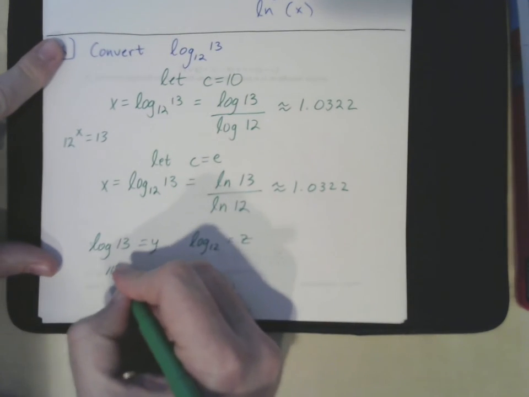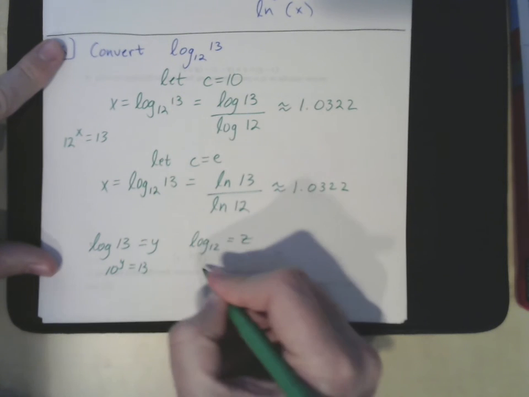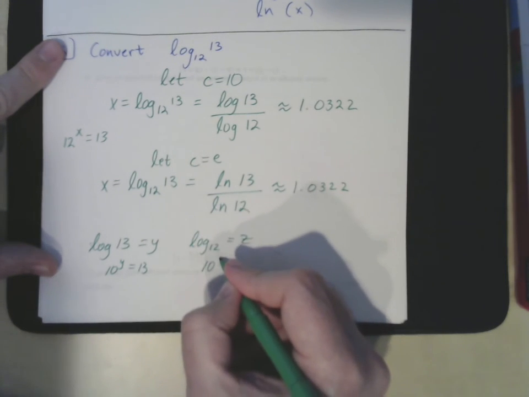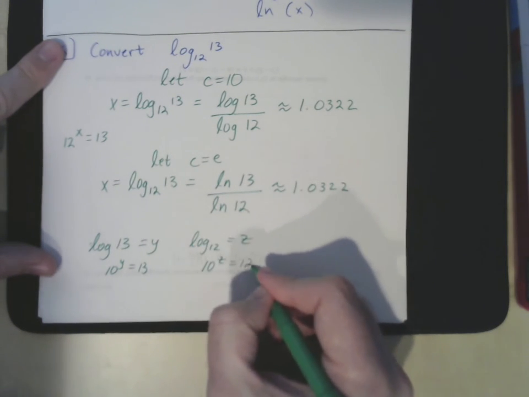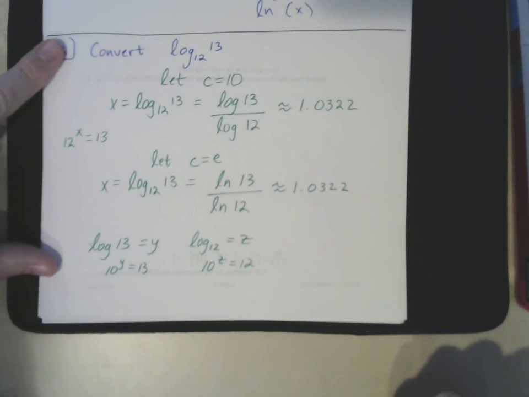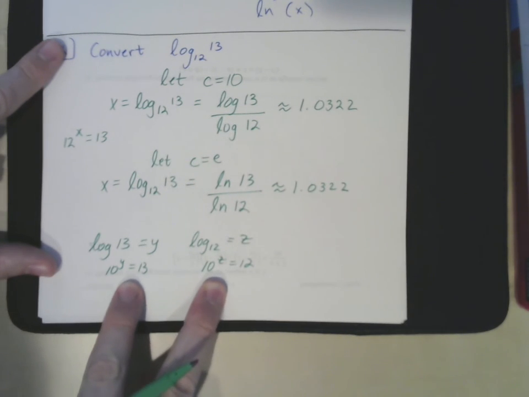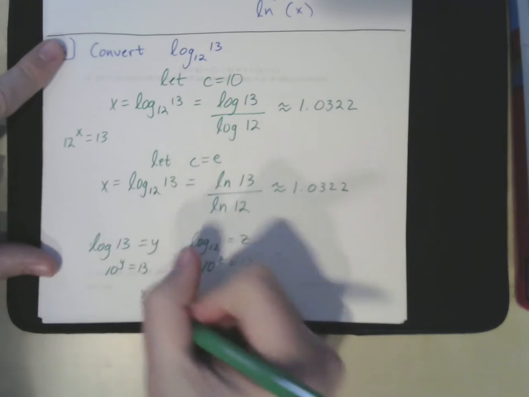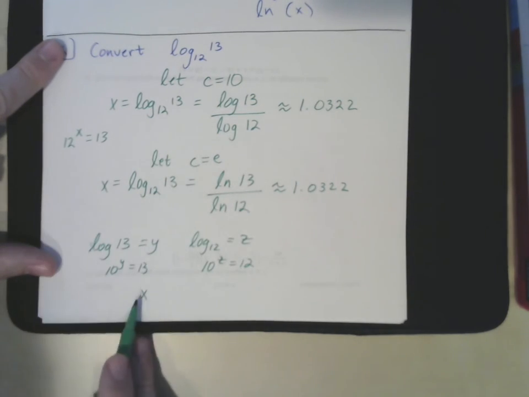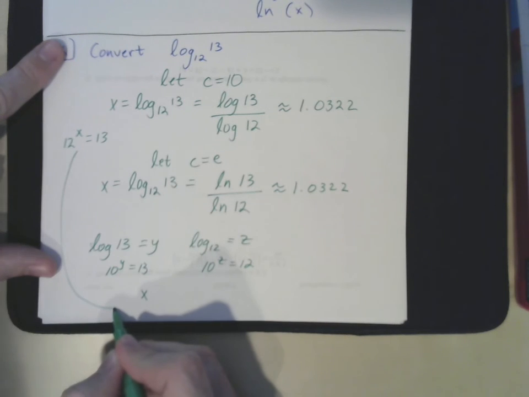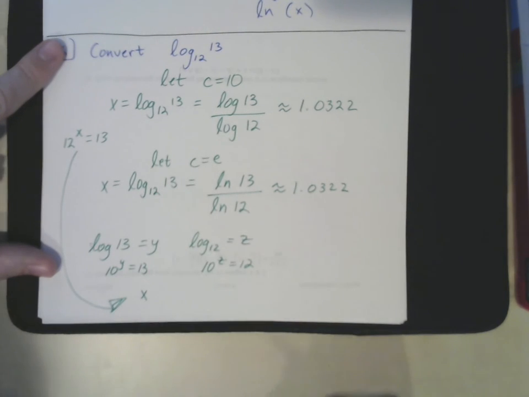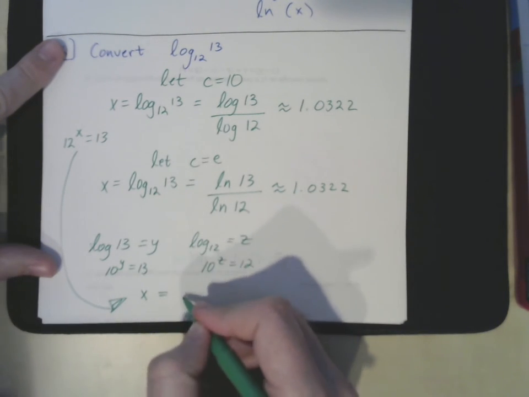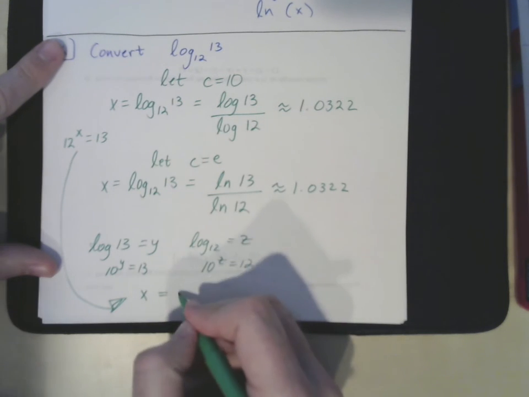This is 10 to the y equals 13, and 10 to the z equals 12. These are the values. So the x that makes this equation work is the same x as y over z.